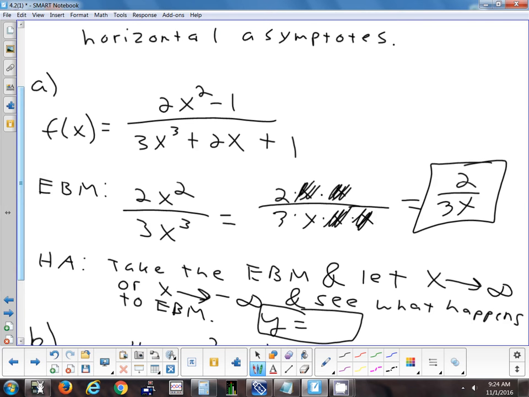Will it ever reach it? No, because if you take 2 and divide by 1,000,000,000, it's small, but it's still not 0. But it will approach 0. So that is your horizontal asymptote. It works exactly the same way if you let x be negative infinity. Pretend like x was negative 1,000,000. That's 2 divided by negative 3,000,000. Still very, very small, approaching 0.